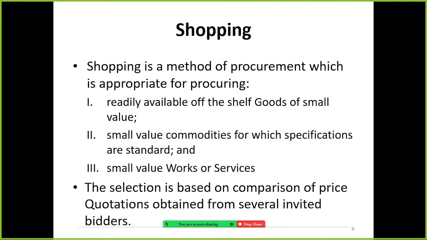The fourth one is shopping, right? Shopping is a method of procurement which is appropriate for procuring readily available off-the-shelf goods of small value, right? The public sector organization wanted to purchase a wall clock.